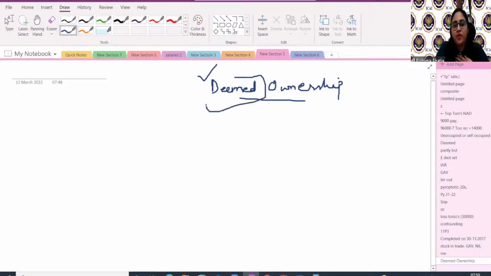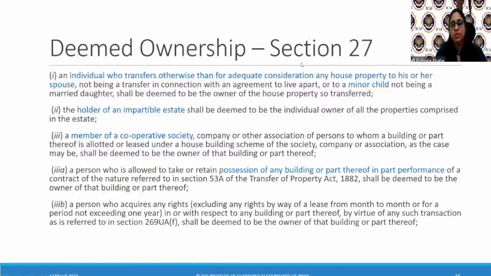So if I have transferred a property without adequate consideration to my spouse, then also I would be considered the deemed owner. Hence, instead of his hands, the income would be taxable in my hands, because section 27 is covering the loopholes where a person unnecessarily transfers the property to avoid the taxability in his hand. Clear? So that's why the deemed ownership concept came, and it is covered under section 27.